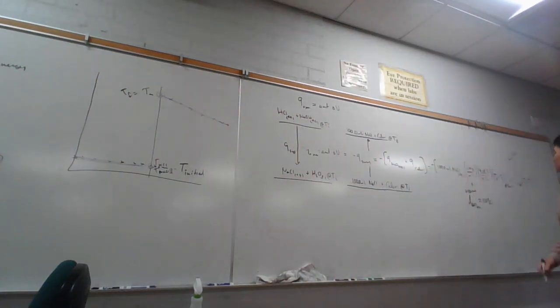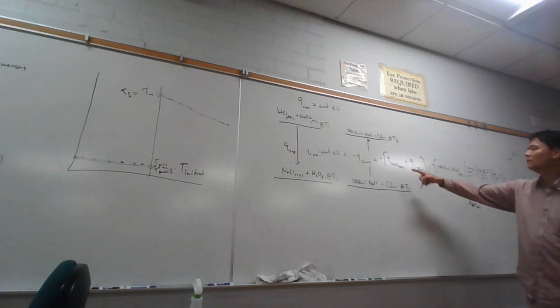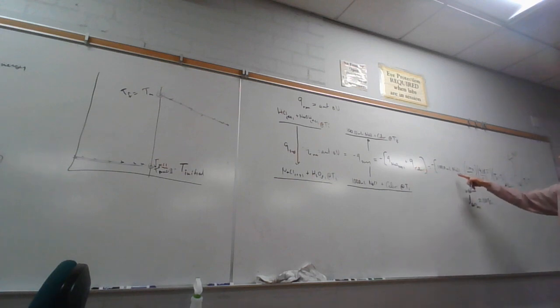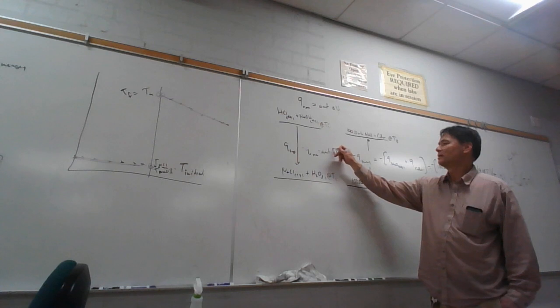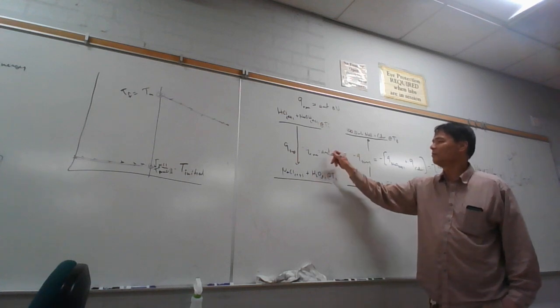All right, so what are we solving for here? We know these numbers, we know this from earlier. We know everything. The only thing we don't know is this, delta U. We know the amount of reaction.